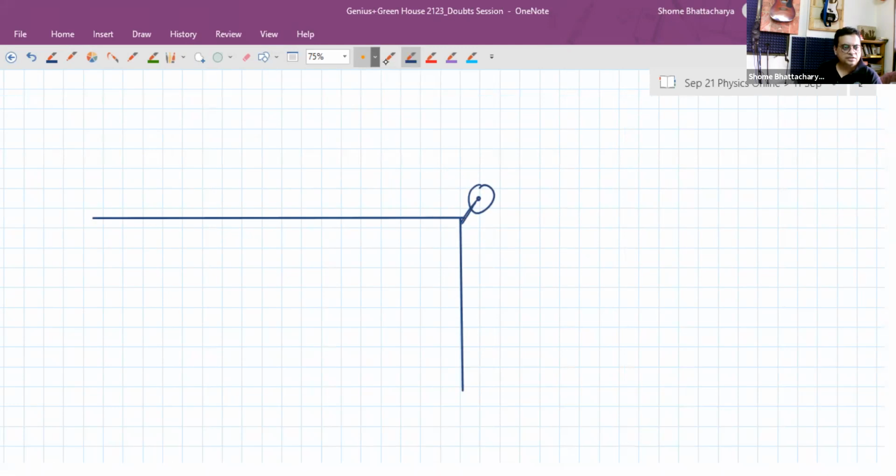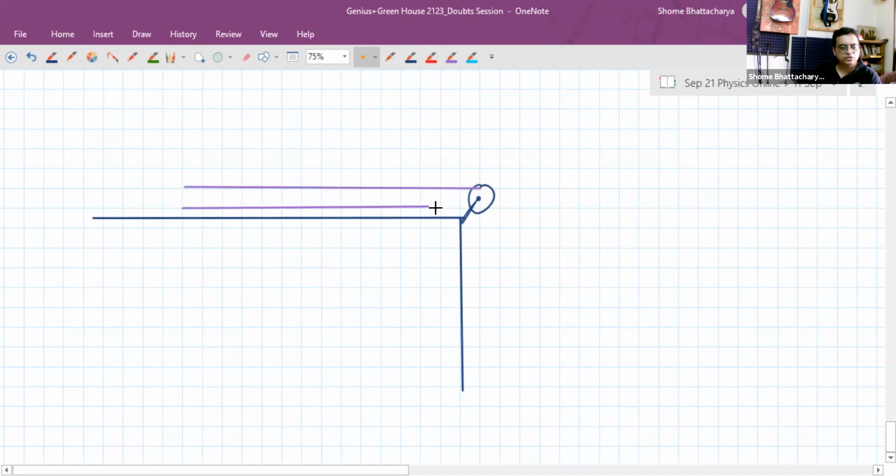Now what is happening is that this thread is going around another pulley, and then it's attached to this point on the support of the pulley. So there's actually a fixed point over here. The second point where this thread is attached is actually a fixed point.